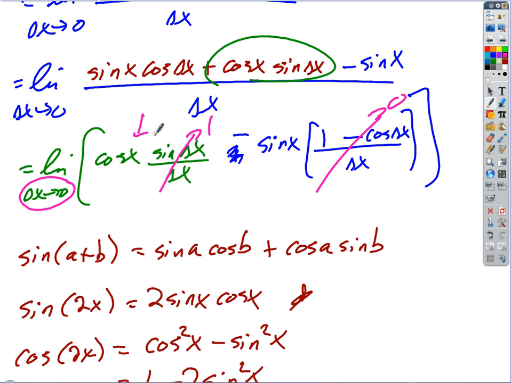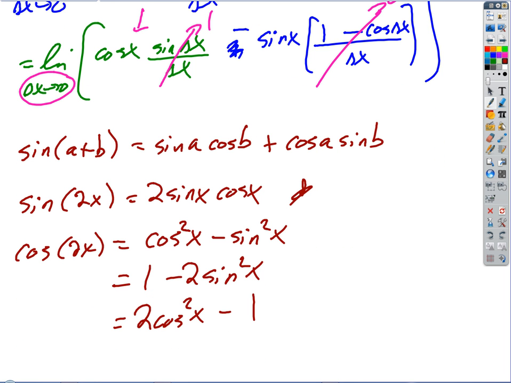Okay, so this stuff, let me circle some things. This stuff right here went to there, right? And so what we're left with, once we get rid of that guy, is just sine x cosine delta x over delta x minus sine x over delta x, right? Okay, and maybe I should write that down.